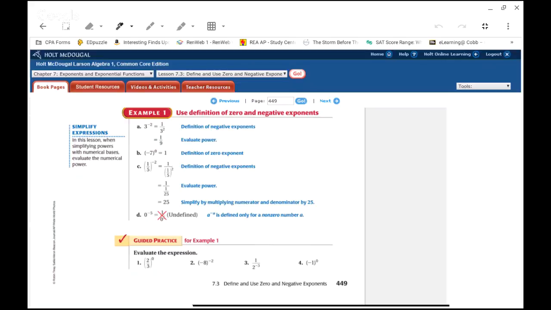1. Yay! Good job, Grayson. That is the answer to number 1. So, what's the answer to number 4? 1. Good job. It's not a trick question, I promise. I'm not trying to set you up.